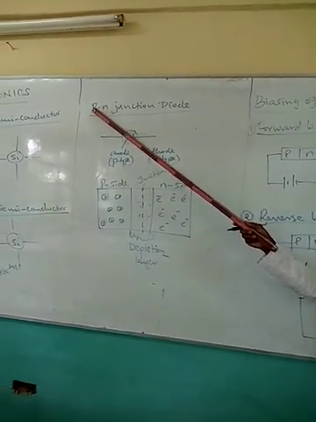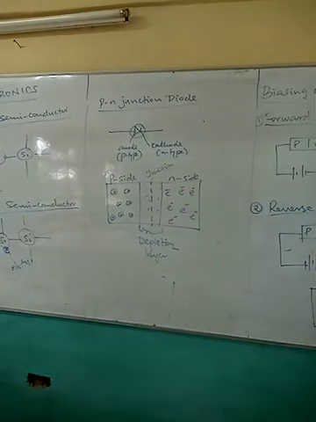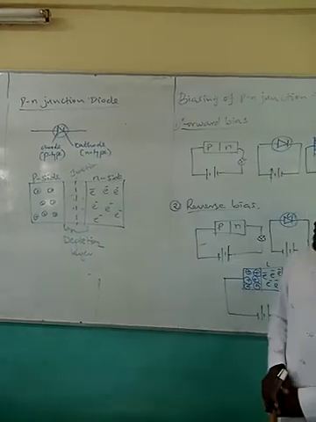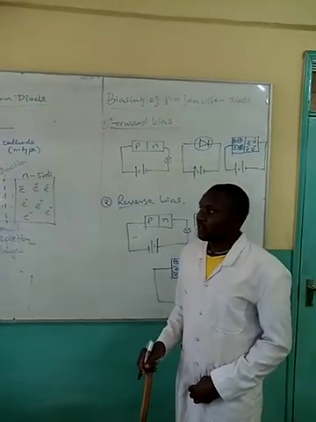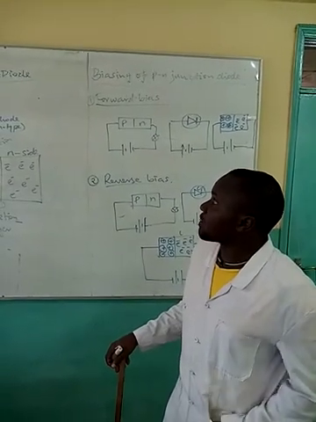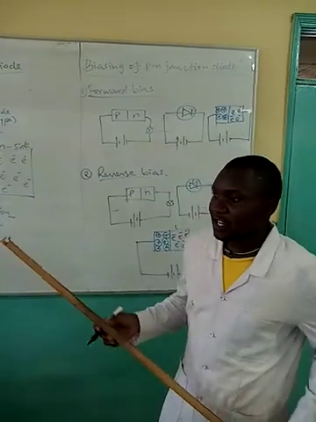The P side is the side that has the holes, the N side is the side that has the electrons, and they give it as a symbol PN, positive negative junction. That is the P side of a semiconductor joined to the N side of a semiconductor, forming what we call a junction diode.